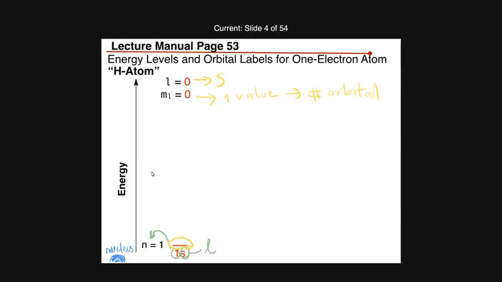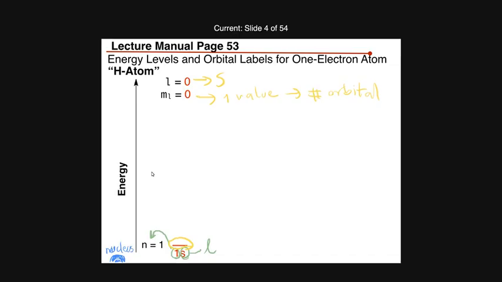All of these have meaning, and they are going to fall into the orbital labelings that you will use when you fill electrons in an atom later. Right now I'm just trying to make you understand this.